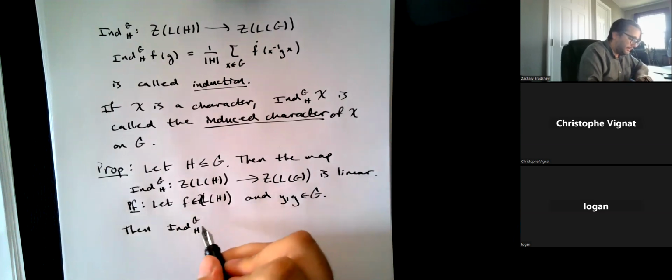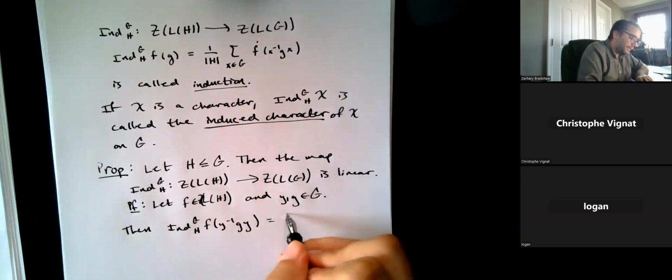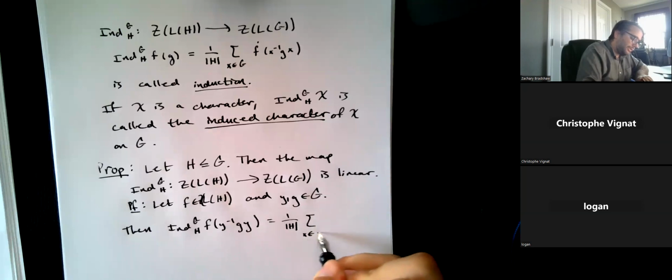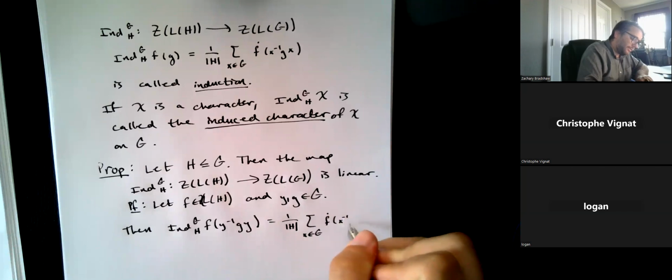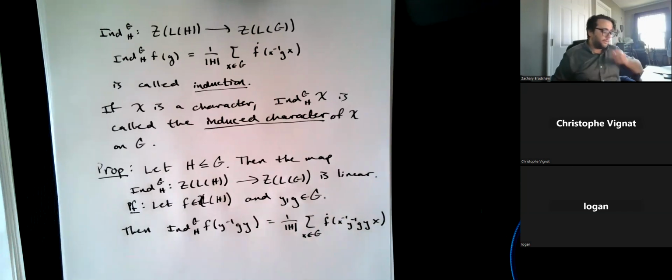H to G, f of y inverse g y is 1 over the order of H, the sum over x in G, f dot x inverse y inverse g y x. So this is the definition of the induced map.